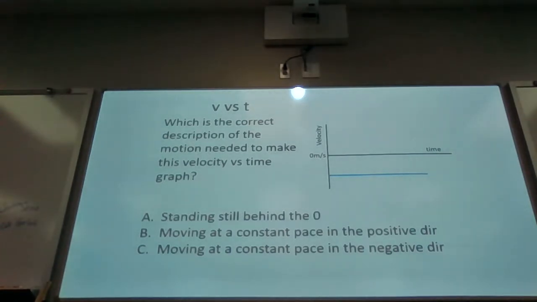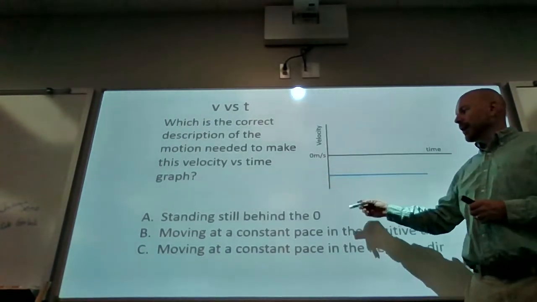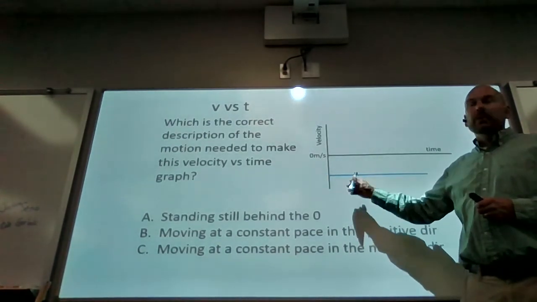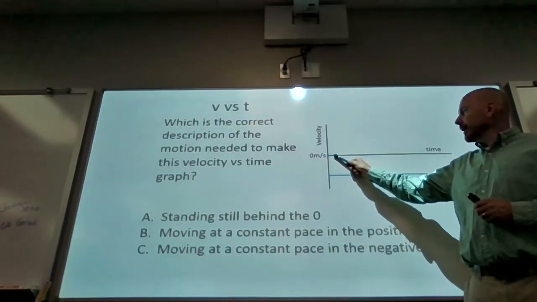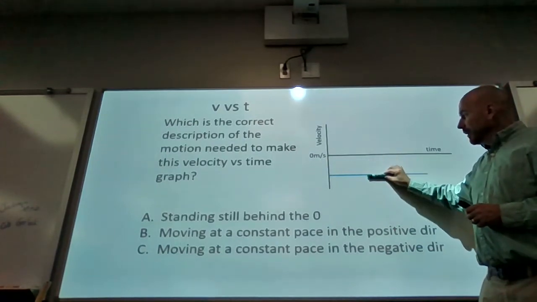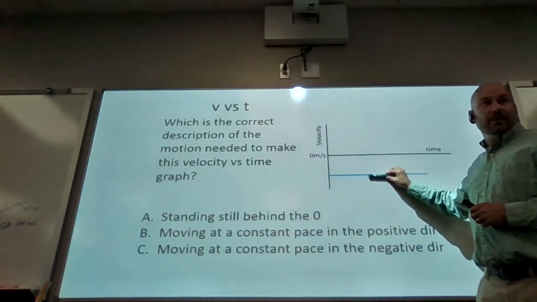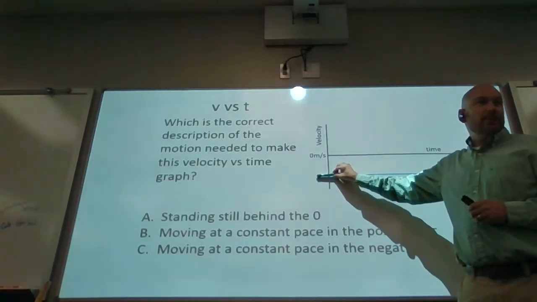Correct answer is C. Okay? This is not a position versus time graph. If this were a position versus time graph, A would be true. You're standing still if the line was here at 0 meters a second. It's not 0. It's below the x-axis, so we're in negative values.